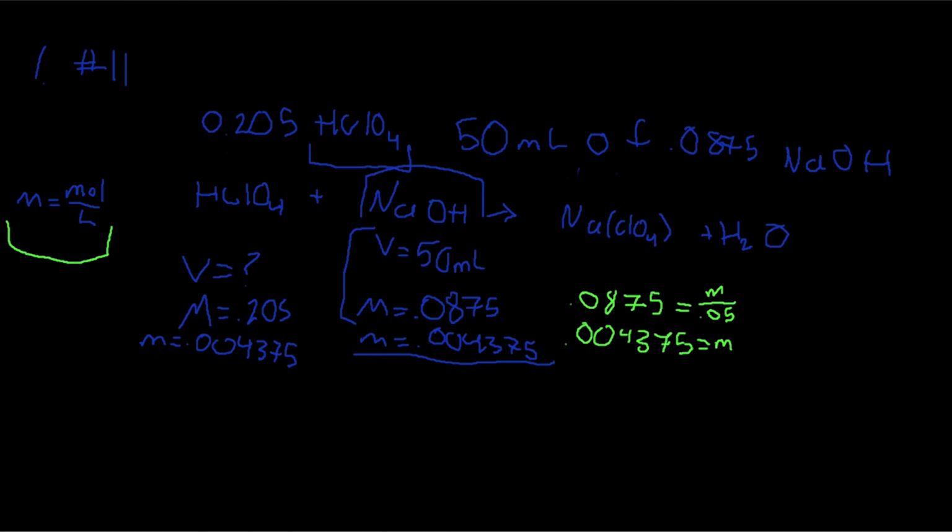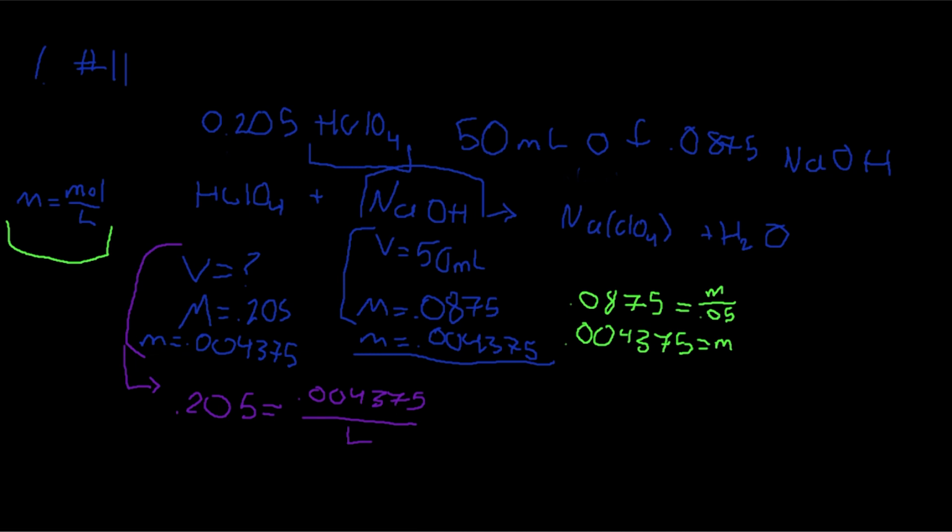So what we do is take our molarity, and we'll get a new color. Well, I feel like purple. So we do 0.205 equals, so we're taking all this and putting it here. We get 0.205, which is our molarity, equals our moles, which is 0.04375, over our liters.